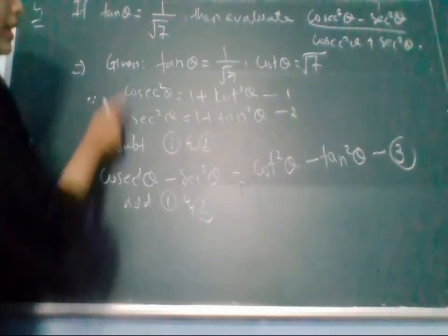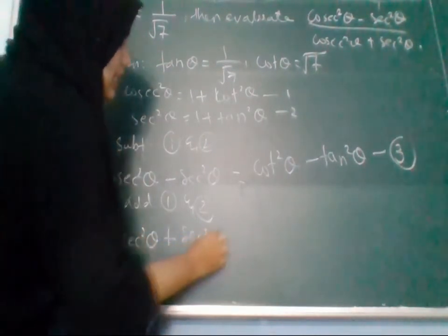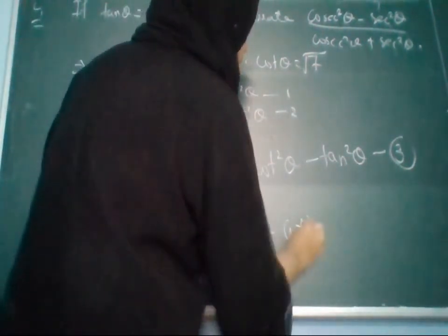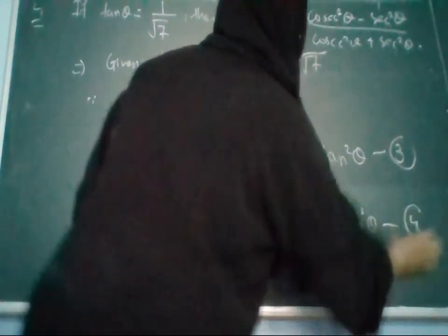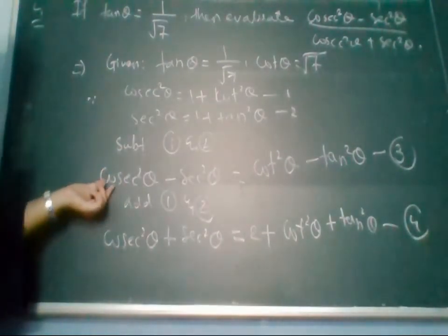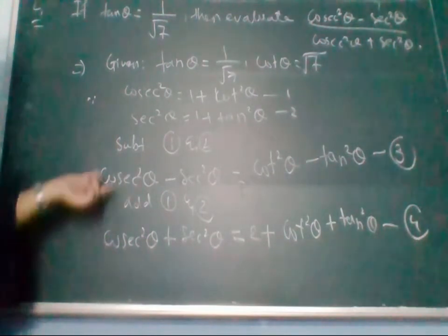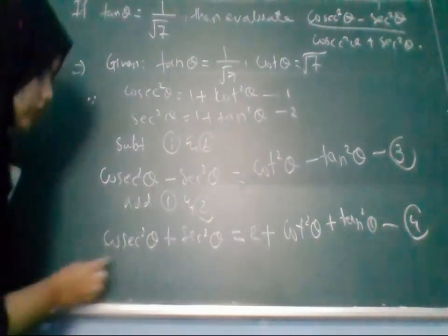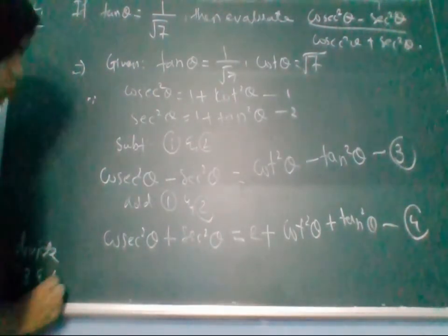If you add 1 and 2, you will get cosec square theta plus sec square theta is equal to 1 plus 1 is 2, plus cot square theta plus tan square theta. This is your 4. So this is the numerator, this is the denominator, so we will divide 3 and 4 to get this expression. So divide 3 and 4, what will you get?